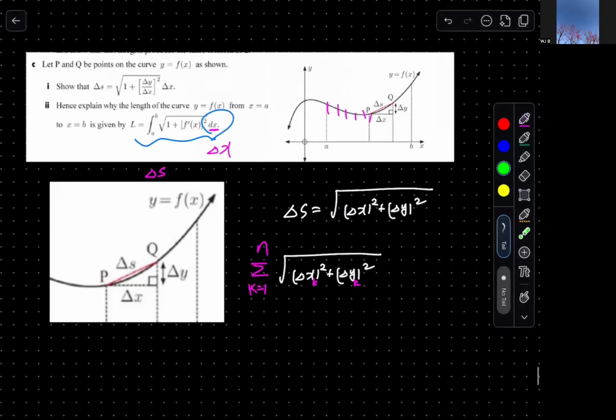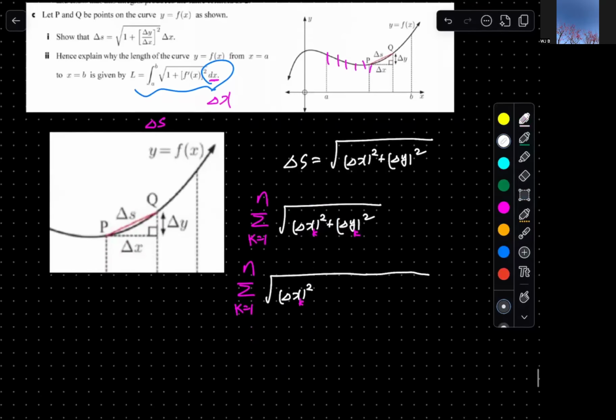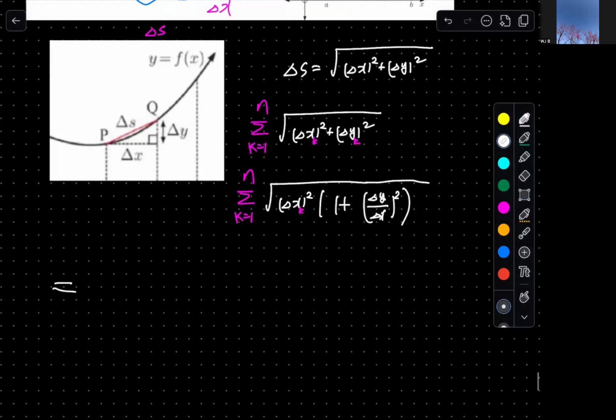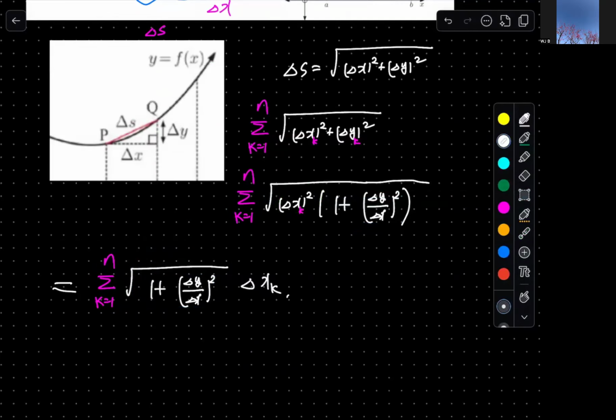But I don't have delta x at the moment. So what you want to do is arbitrarily factorize by the delta x squared inside of the bracket. That will give you 1 plus delta y over delta x, perfect square, inside of a square root, and this delta x perfect square will come out as a delta xk as it is.